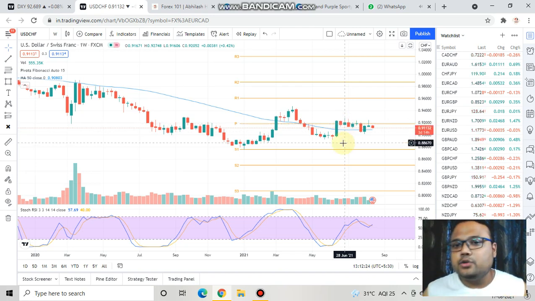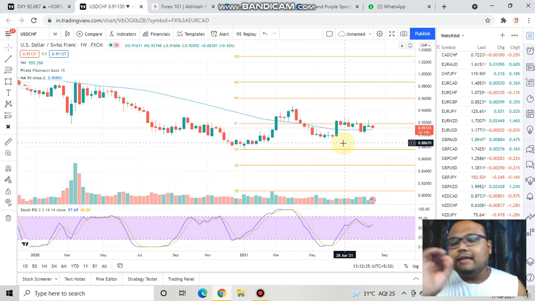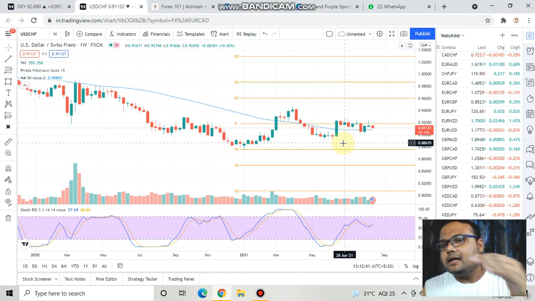Since the last week of June, the market has been trying to cross the level, and whenever it tried to go up, it faced selling pressure from above. Therefore, this level on the weekly chart is important, because we have understood that some sellers are sitting at the level who are not allowing the market to go up.